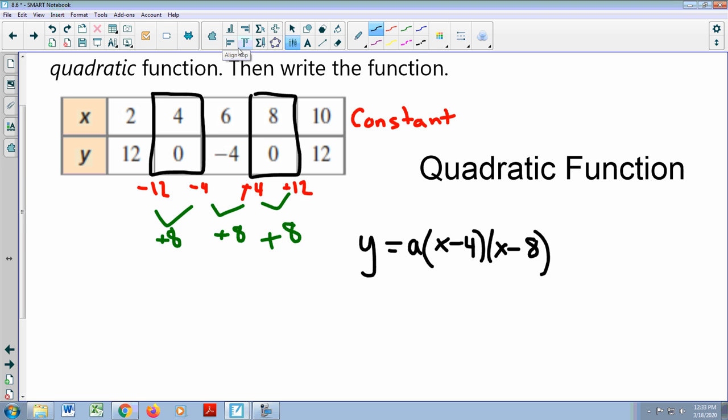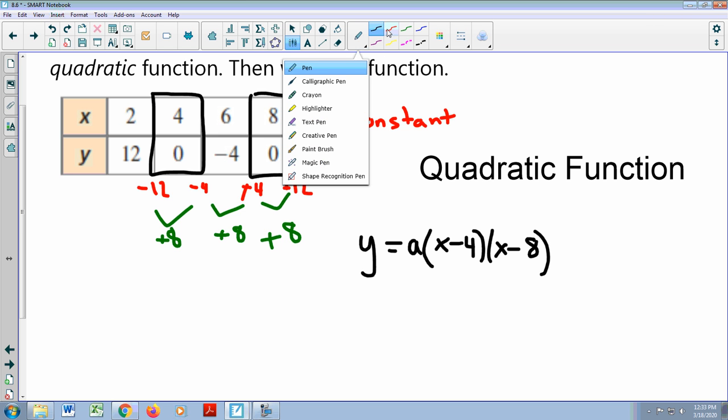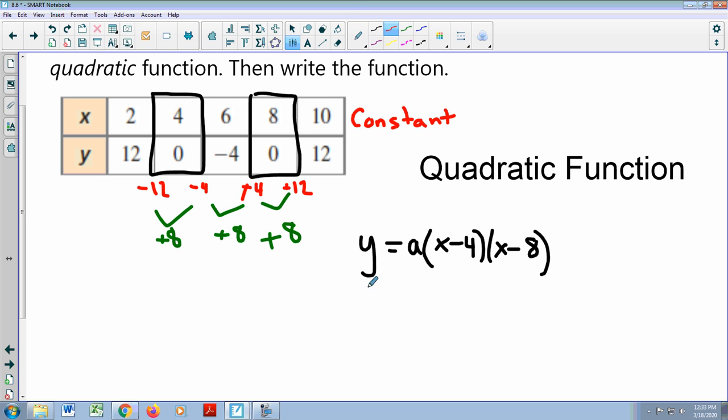So then, all I'm going to do is choose any other one of these points that are not boxed. I can use 2, 12, 6, negative 4, 10, 12. So I'm going to use the 2. So when I do this, I'm going to just start to plug in. Well, 12 equals a times 2 minus 4 times 2 minus 8.